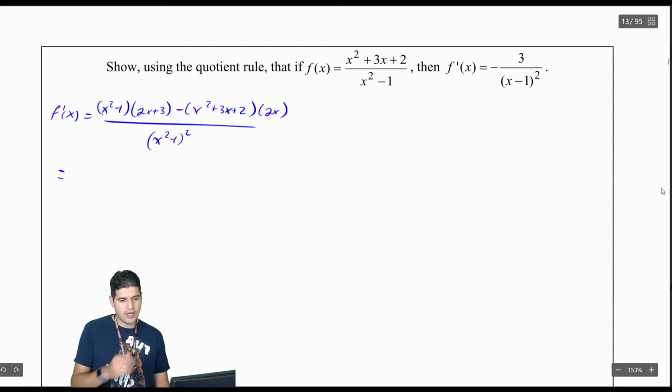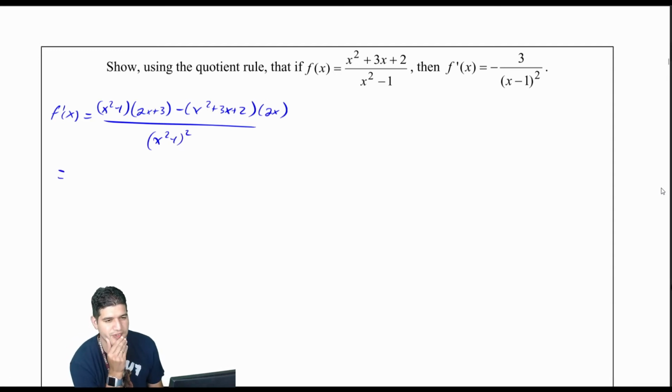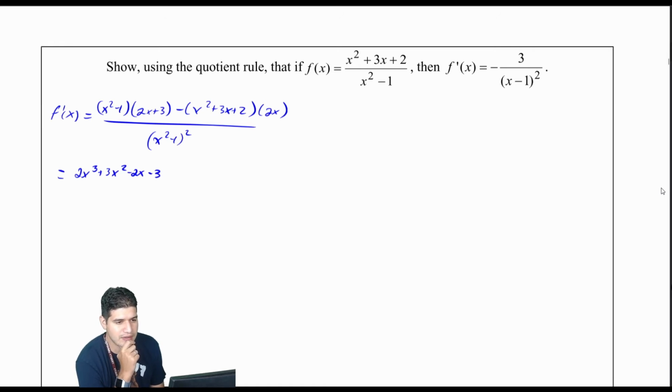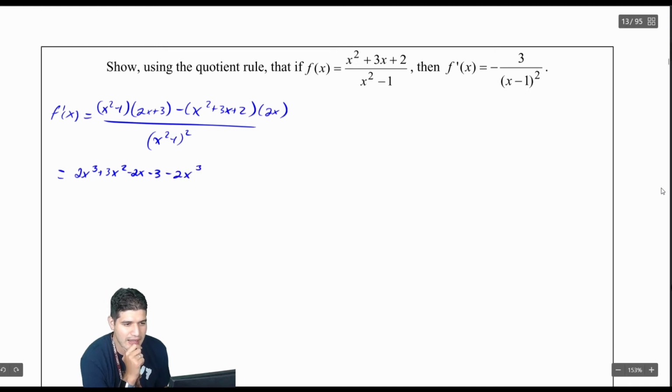All right, so let's see what we can simplify here. This is going to be a long one. So that's going to be 2x cubed plus 3x squared minus 2x minus 3. And then I'm going to have to multiply all of those out. So that's going to be minus 2x cubed and minus 6x squared and minus 4x.